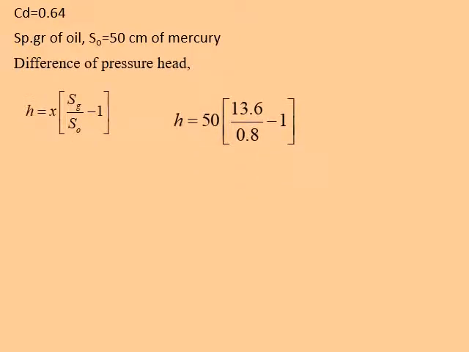The H is equal to 50 into 13.6 by 0.8 minus 1. The H is equal to 705.5 centimeter of oil.